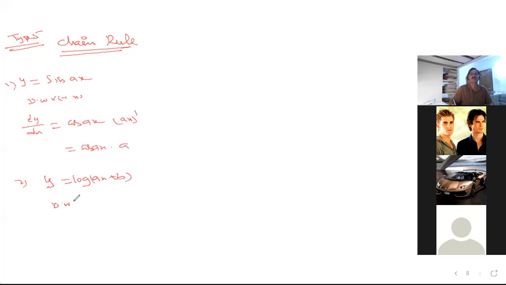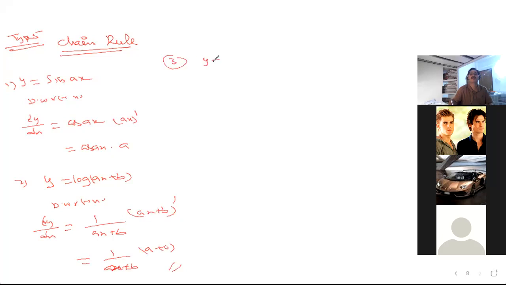If I say differentiate with respect to x, then dy by dx is equal to the log derivative, whatever it may be, you have to write here ax plus b. But it is not x, so we have (ax plus b) whole dash. Here the derivative of this one is a plus 0. This is your answer. Right?